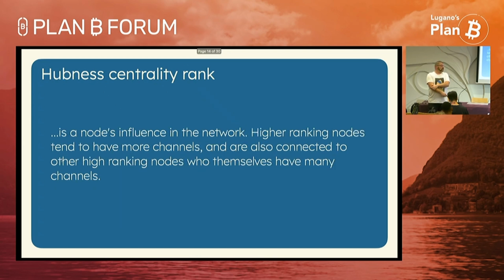Okay, so far not. The second one would be the hubness centrality rank. Think of a node which acts like a gatekeeper. It has a lot of connections, and if this node goes offline, those connections will not be available anymore. And if this node is a connecting point between two networks, those two networks will be shut off from each other.